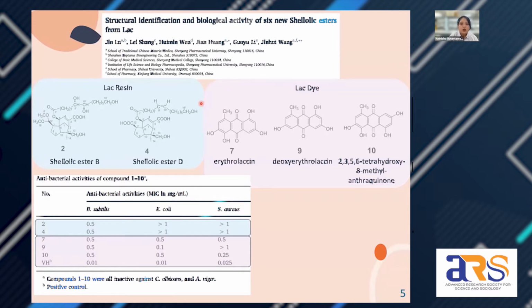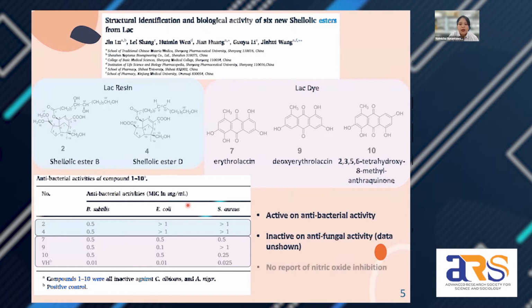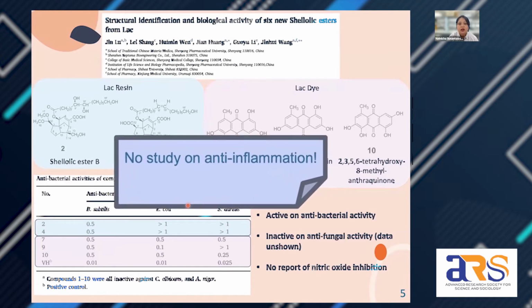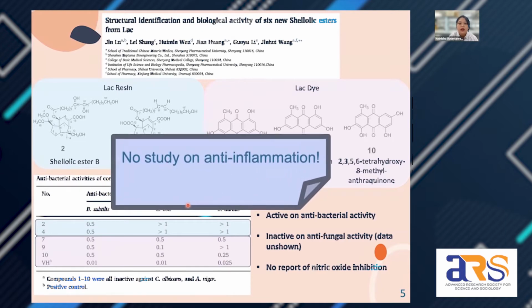They found that 2 members of the resin group and 3 members of the lac dye group are active on antibacterial activity, but inactive on antifungal activity, and yet there is no report on nitric oxide inhibition and so far no study on anti-inflammation.